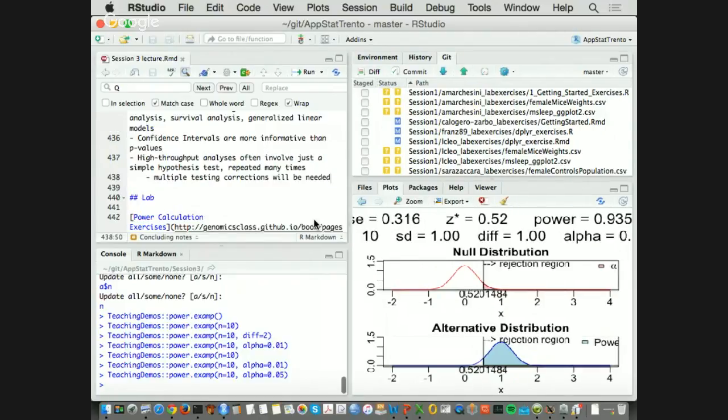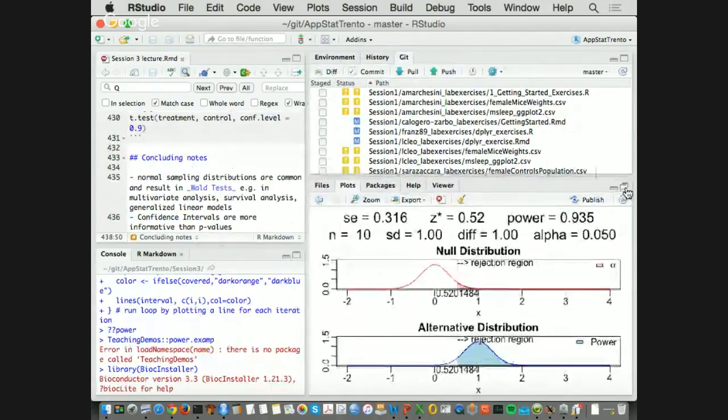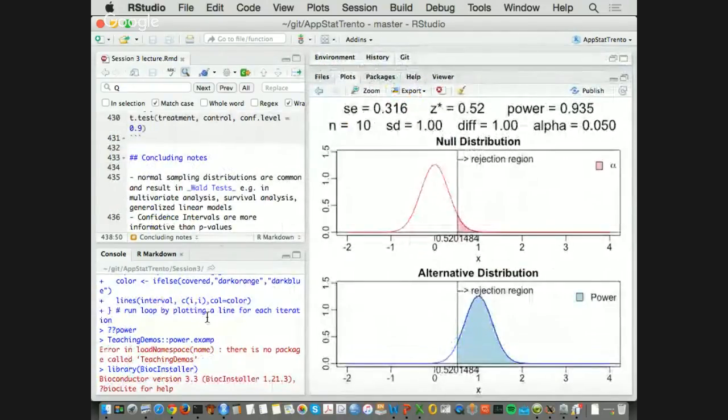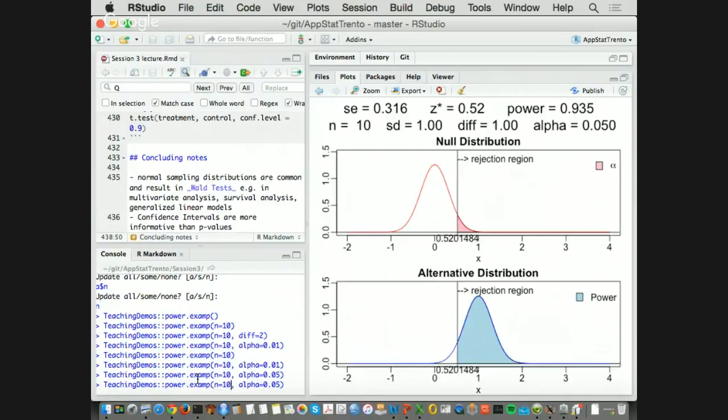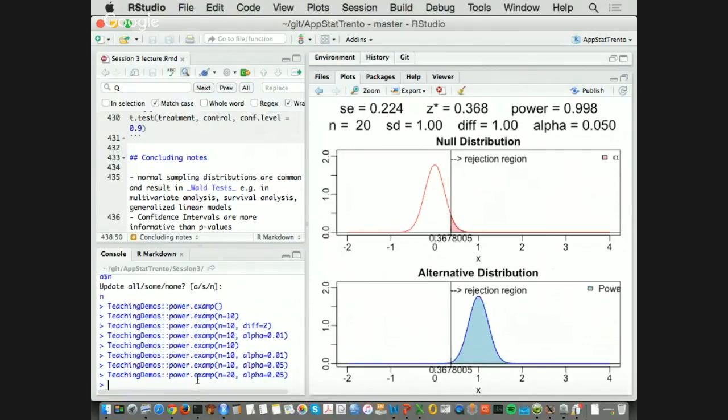Okay, here's the one from the teaching demos package. A difference of 1, alpha equals 0.05, standard deviation of 1, a sample size of 10. Now I'm going to go up to n equals 20. And you see them actually getting narrower.